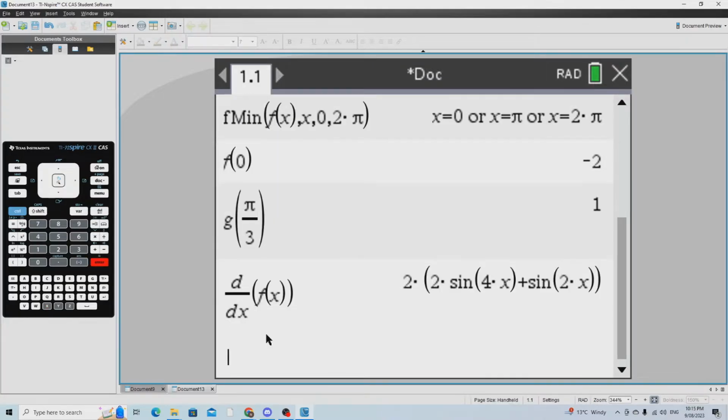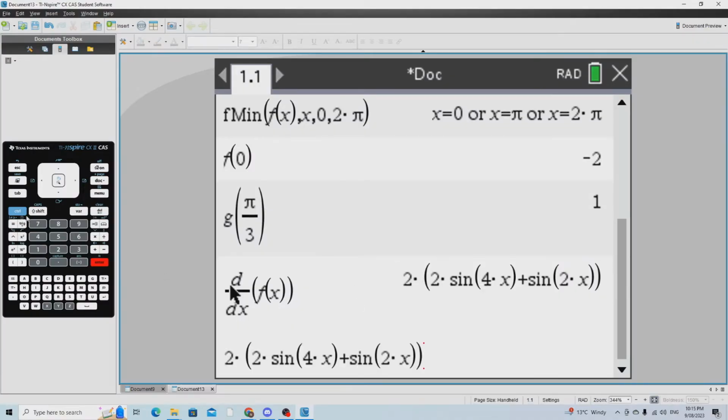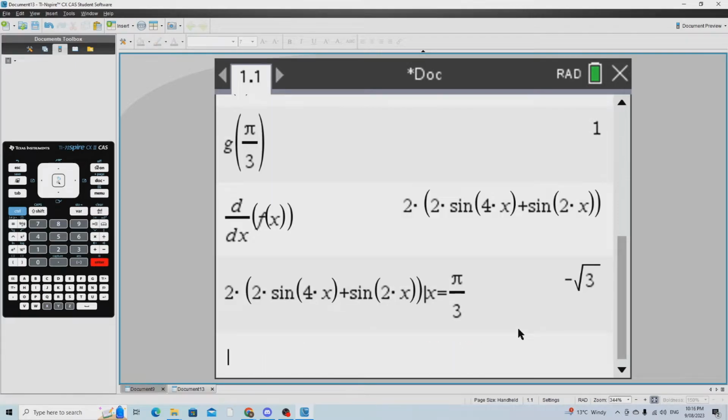So that'll be 2 sine 4x plus sine 2x. And we want to find f dash at pi on 3. So x equals pi on 3. It gives us negative root 3.